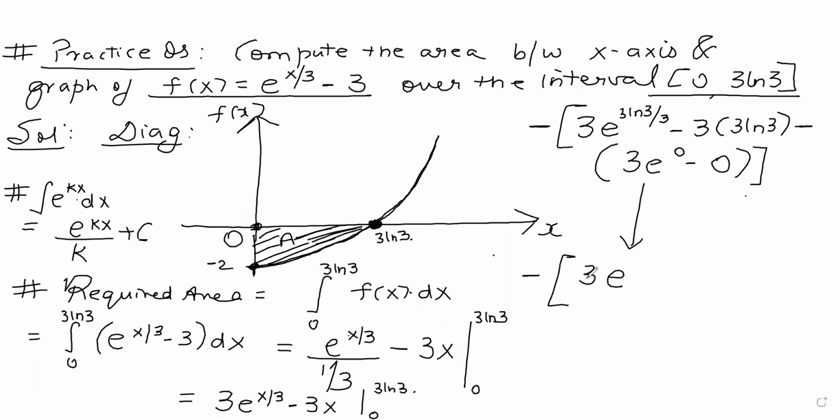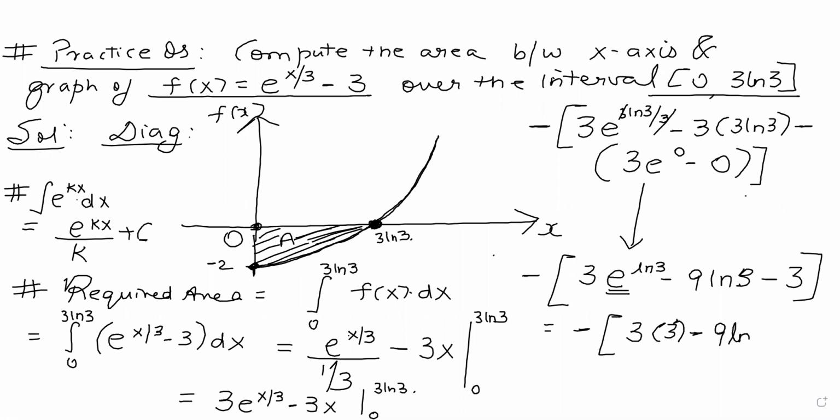3 e to the power, this 3 and this 3 cancel out, ln 3 minus 9 ln 3, okay, minus 3 e to the power 0 is 3. So this will be minus of 3. Now guys, e to the power ln 3 is nothing but 3 only. E to the power ln 3 is 3 from properties of natural logs. Minus 9 ln 3 minus 3.